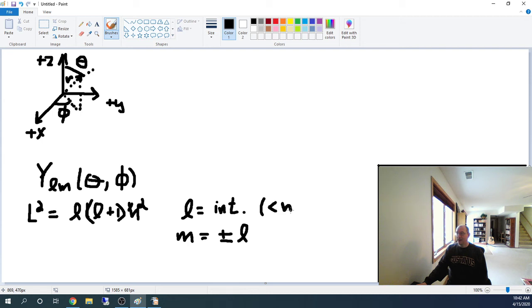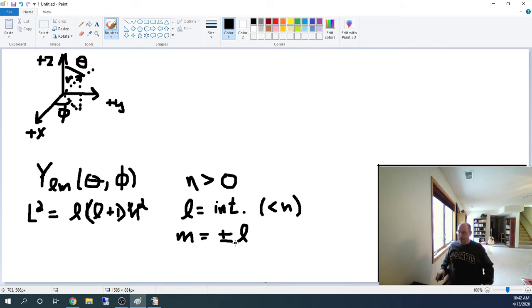And n has to be an integer greater than 0. So n is any integer greater than 0, l is any integer that's less than n, and m is any integer between positive l and negative l.